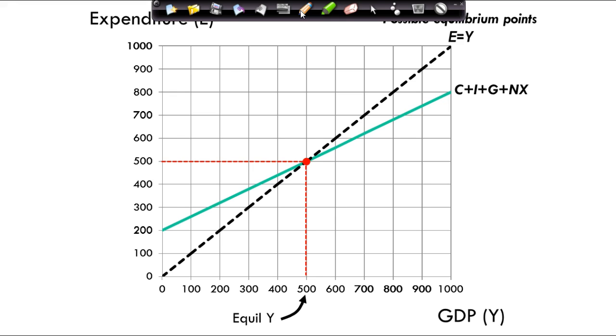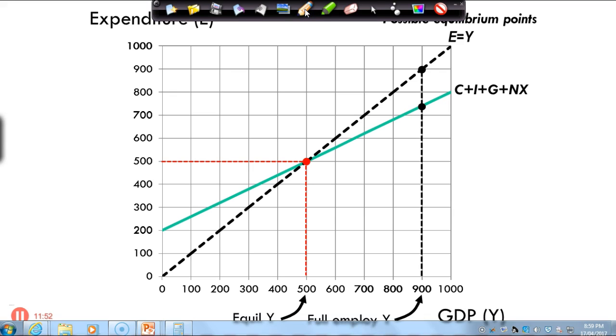Here we are at equilibrium, but let's say that the level of output which would generate full employment, which would eliminate any cyclical unemployment, is at 900. So you can see at this point that expenditure at full employment would be less than output. And if the economy were actually, for some reason, at full employment initially, this is a disequilibrium level of output.